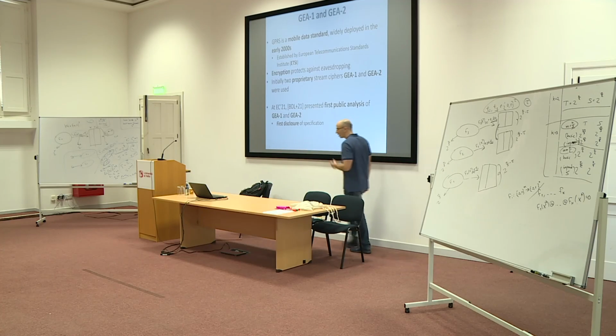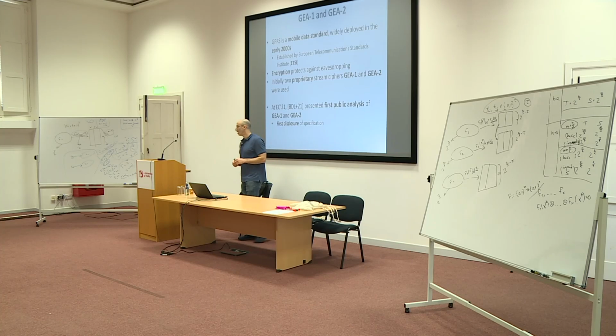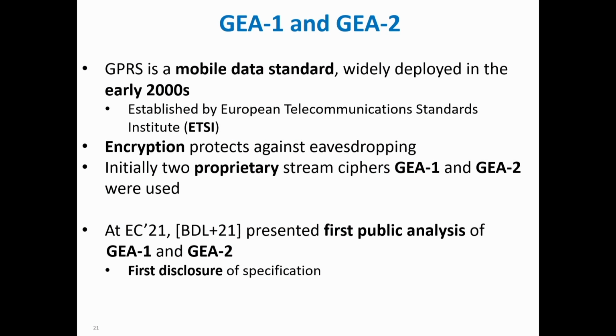Okay, so basically that's a very quick summary of what we did this morning. And at the end of the talk, I started to sketch applications for these algorithms. So I started to talk about the ciphers GEA1 and GEA2. The focus was actually on the GEA1 cipher, whose specification was only recently disclosed.